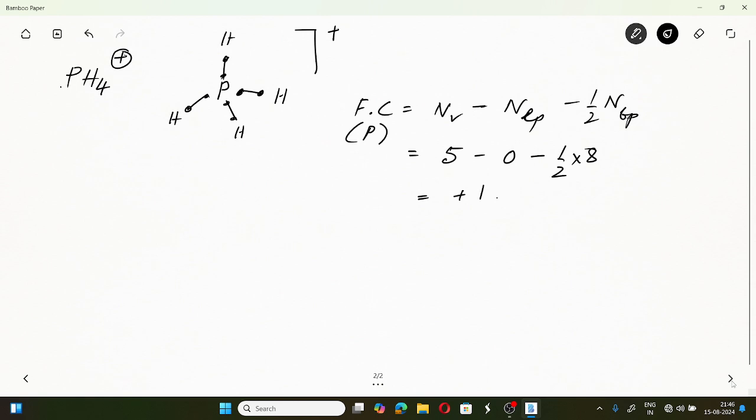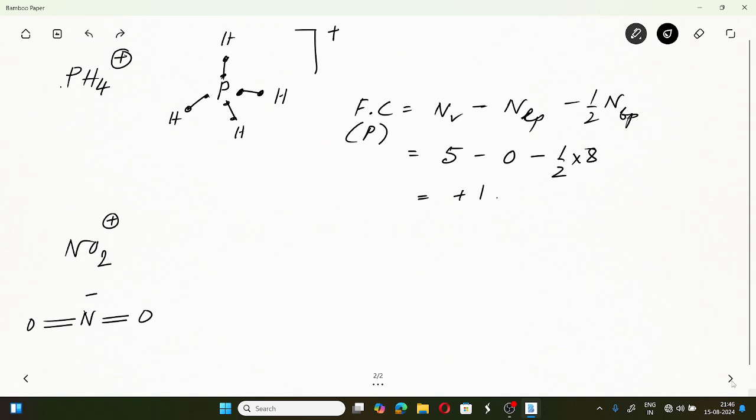Suppose you consider another example, NO2 plus, the nitronium ion. We can write the structure like this, from VSEPR theory.